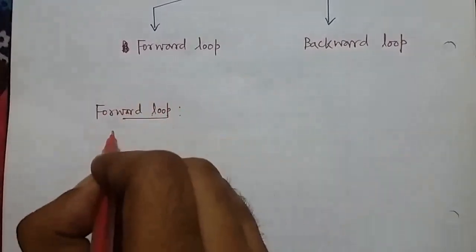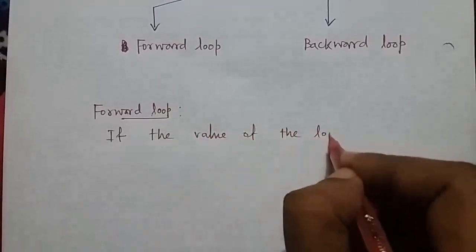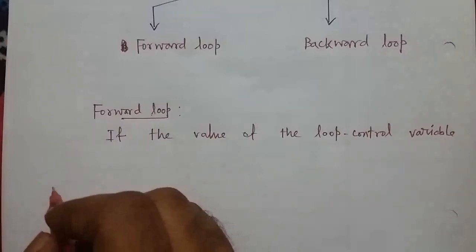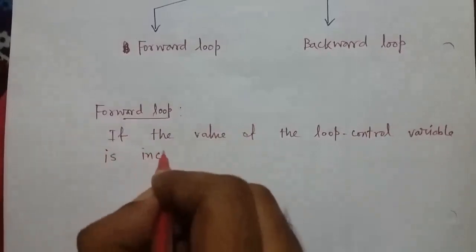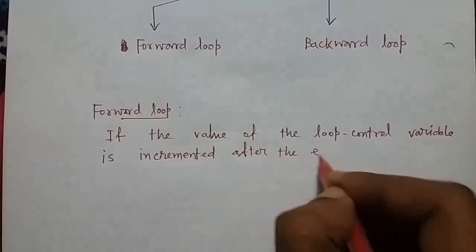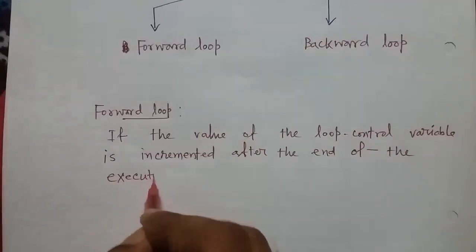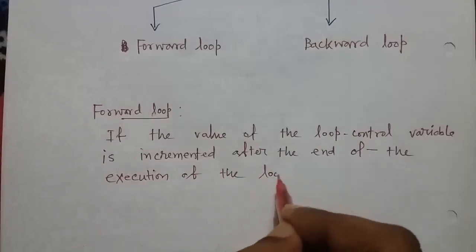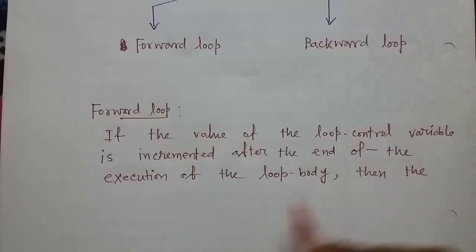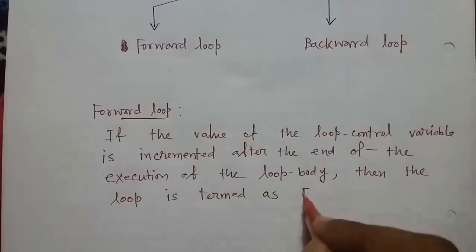Forward loop, I'm writing the definition: if the value of the loop control variable is incremented after the end of the execution of the loop body, then the loop is termed as forward loop.